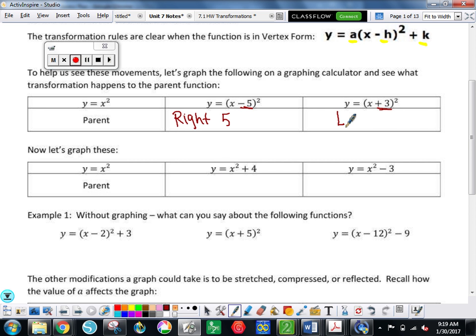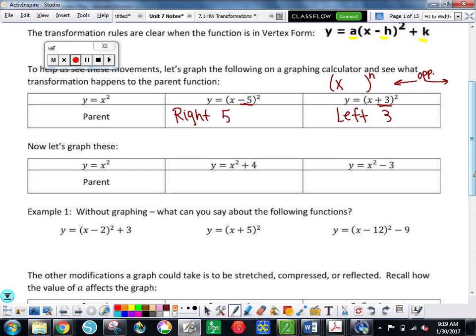If you were to make a general rule, anytime it's inside with the x, regardless of what goes here, if it's a square root, if it's a half root, if it was a cubed or a fourth or a 27th, you always go the opposite, left or right. If it's a -3, I go right 3. If it's a +3, I go left 3.